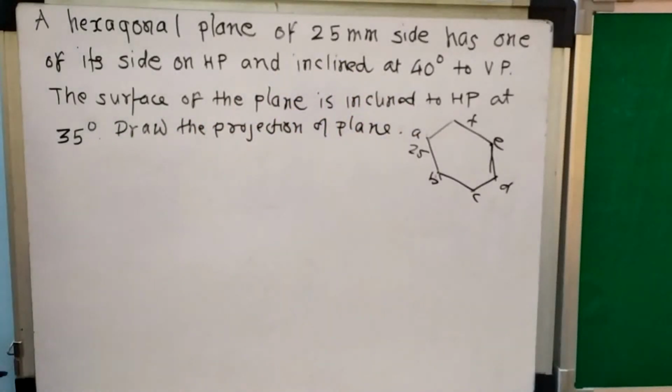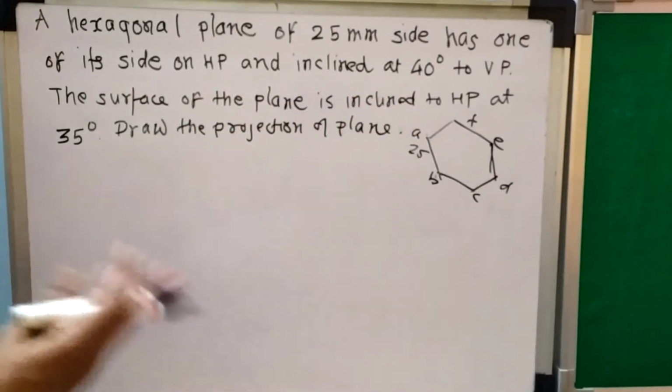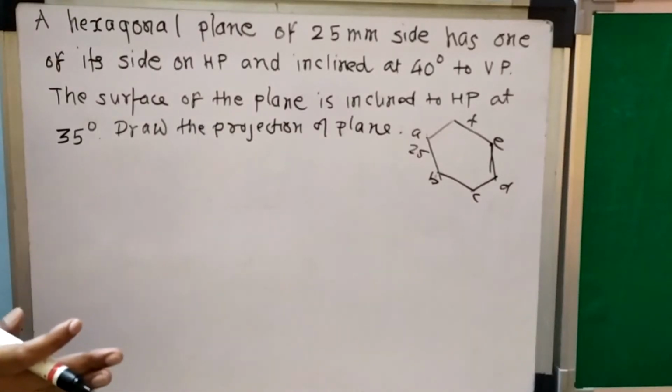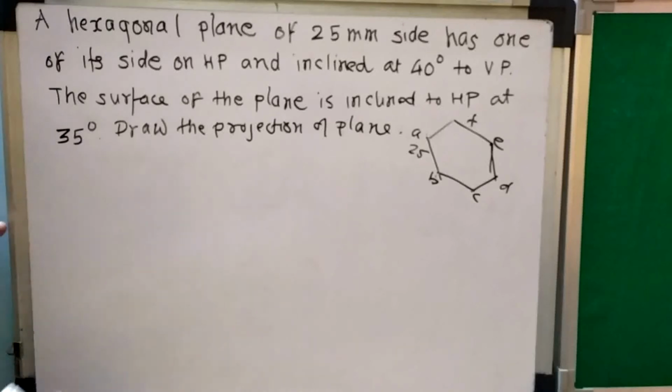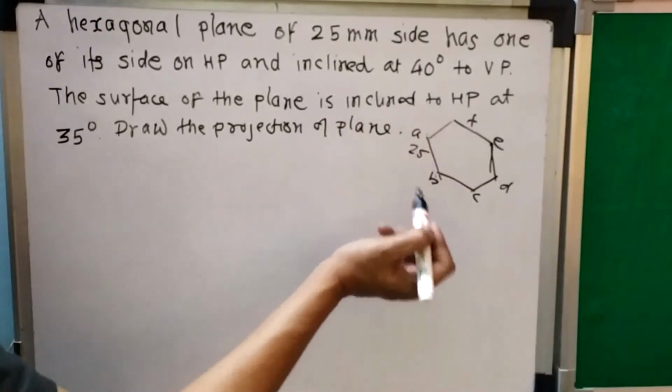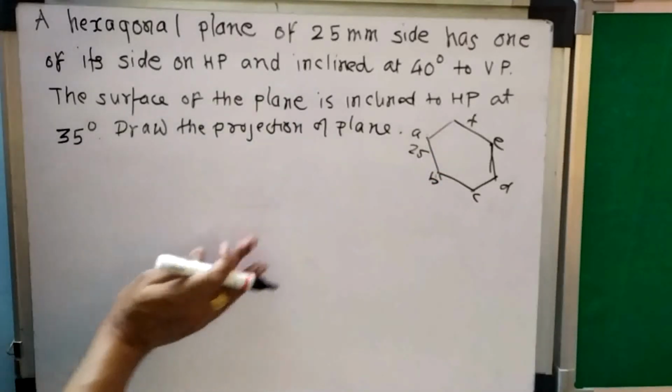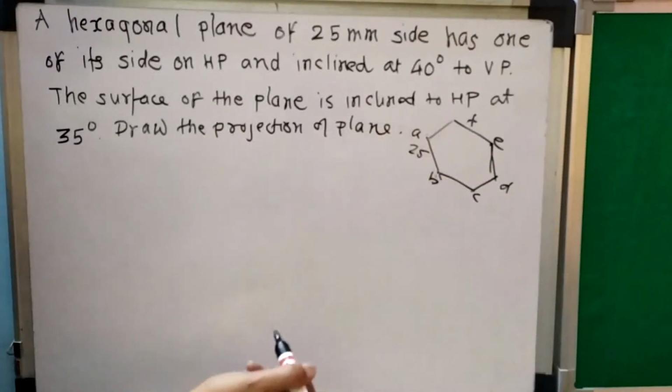So what do I have to do? As the surface is inclined to HP, I have to lie down the surface in the HP. So in the HP I will see the true shape of the hexagon. And we know that if it is a resting side, then in the true shape we always take the resting side perpendicular to XY.